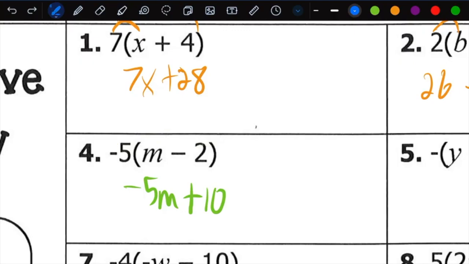Another way to think of it would be plus a negative 2, and now we have positive 10 there from a negative times a negative. They're all the same thing. So a good way to think about it is just taking that sign with the number or term.